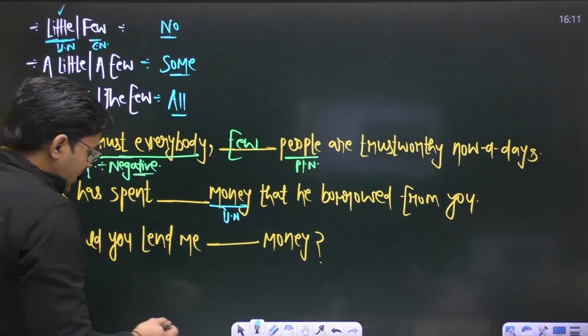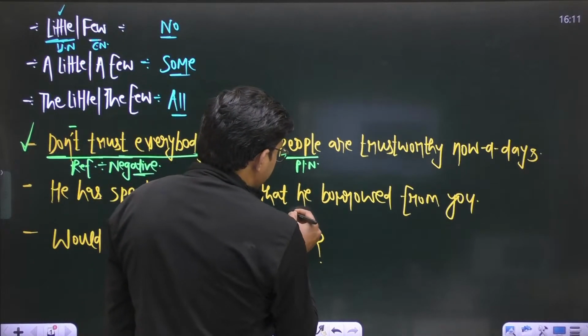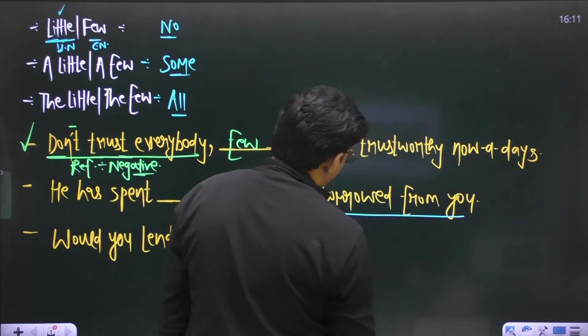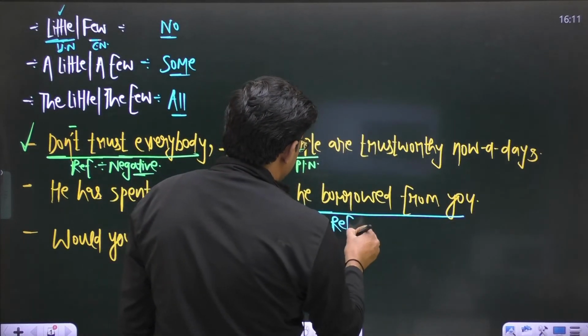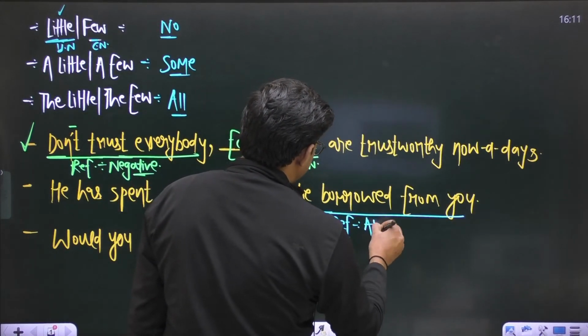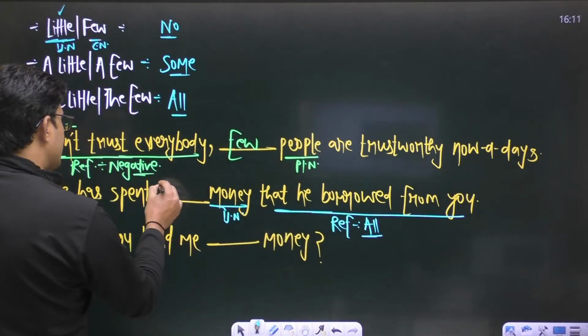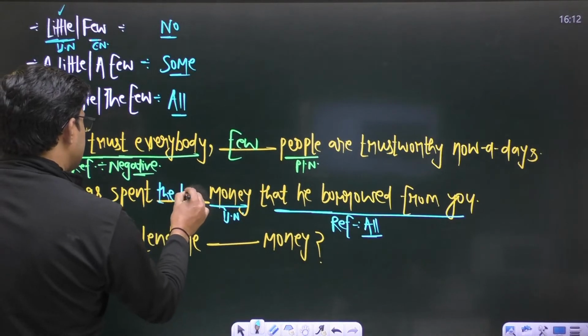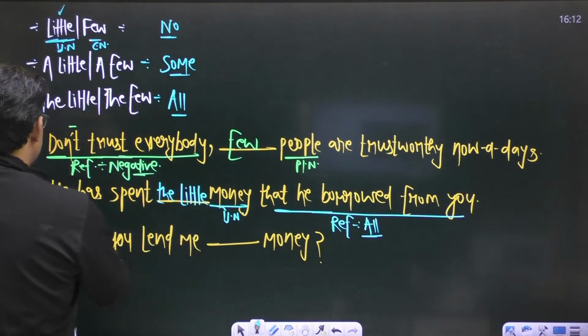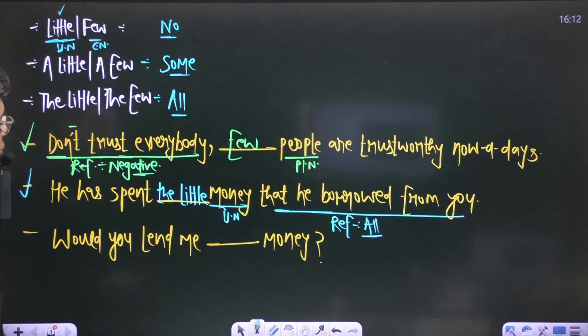In this sentence the reference is that he borrowed from you, which denotes all the money that he borrowed. So in case of all we use the little. The sentence will be: he has used up the little money that he borrowed from you.